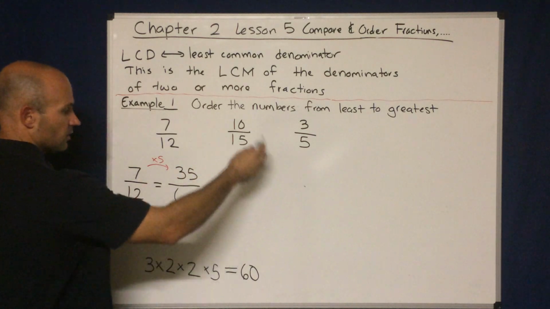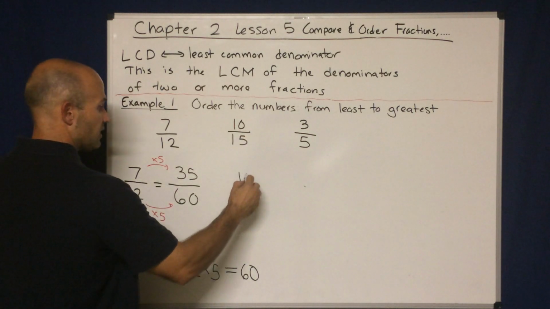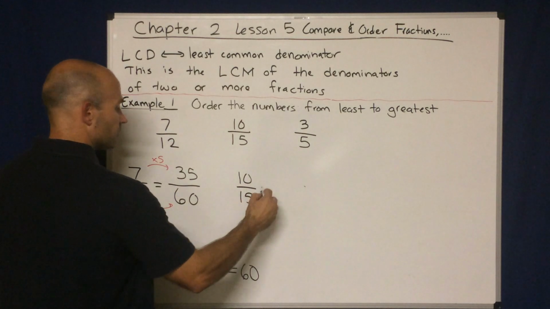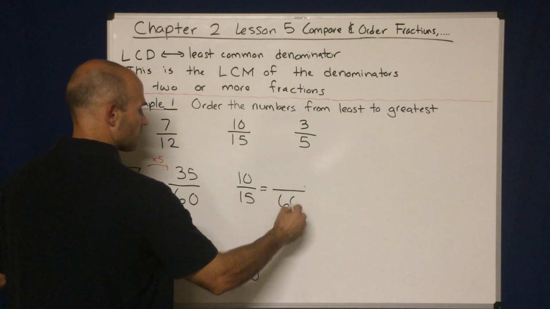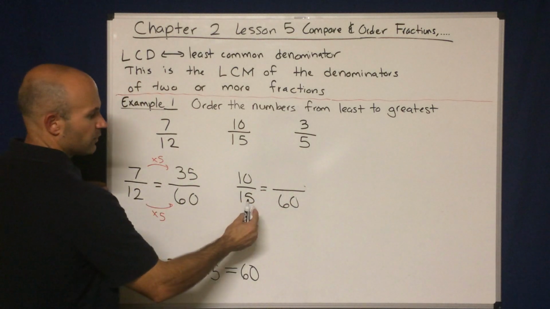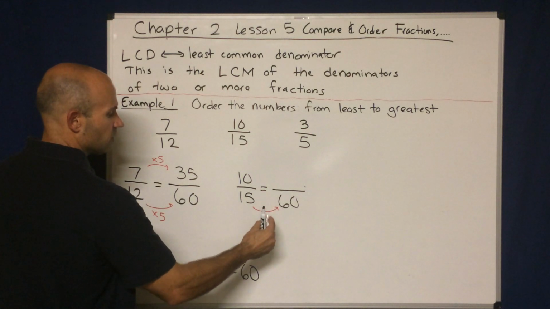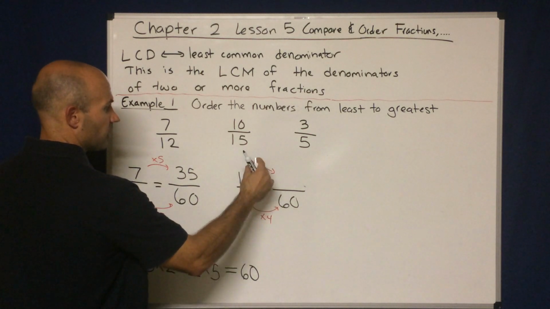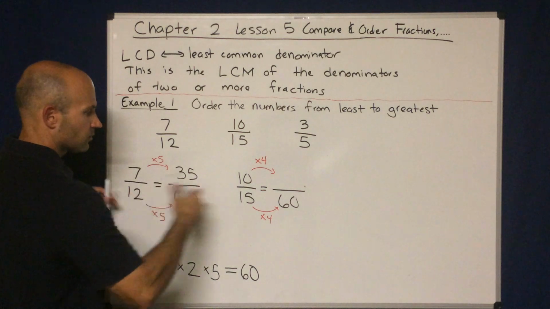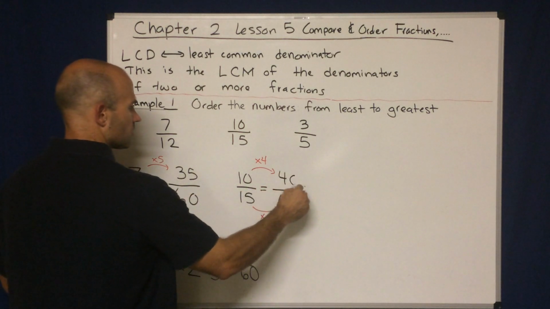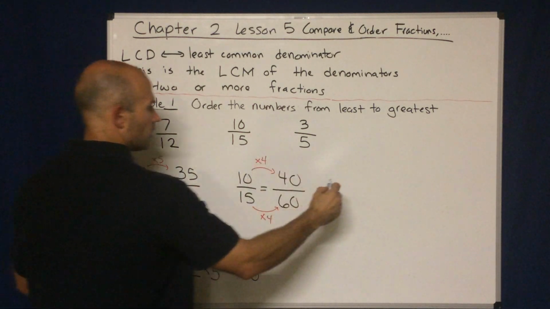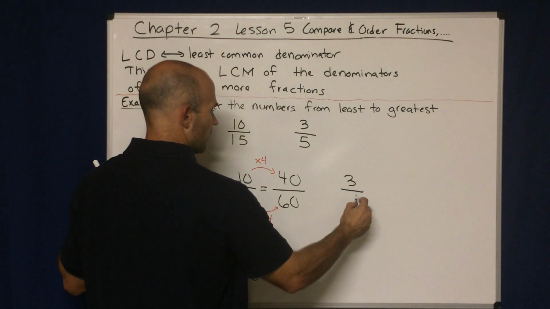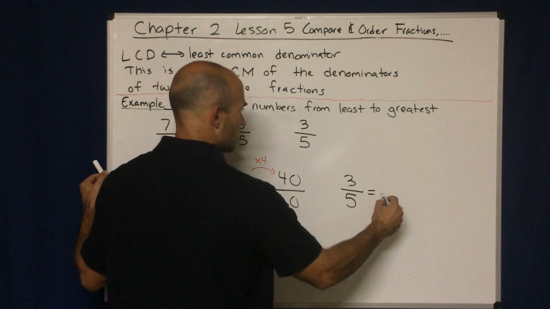I repeat this for 10 over 15. I write 10 over 15 as an equivalent fraction with a 60 in the denominator. 15 goes into 60 4 times. So I multiply my numerator by that 4 as well. The final one, 3 over 5, and I should remark it's not a race. I know I'm moving through these a little bit quickly.